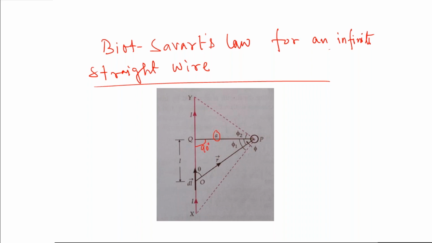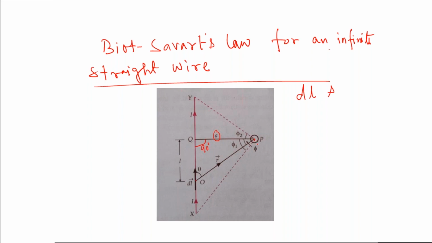Let us assume the angle between dl and the radius vector. What does that mean? The radius vector is the vector drawn from the current element to the point P, where I am going to calculate the magnetic field.